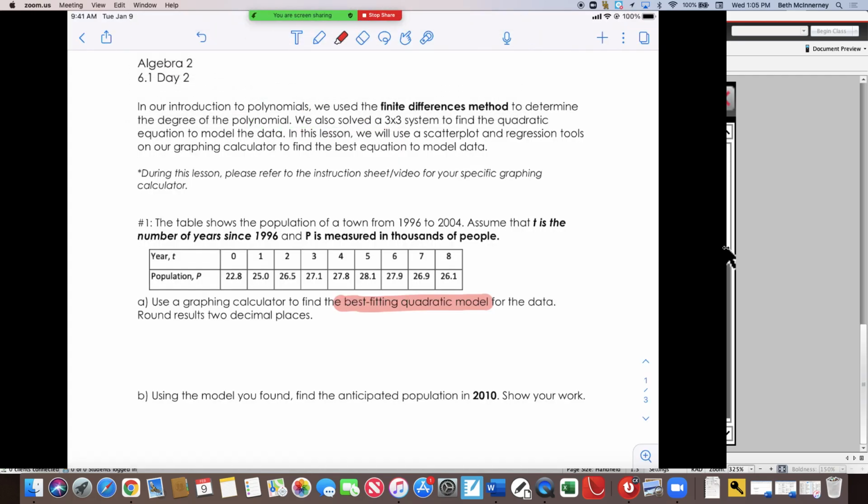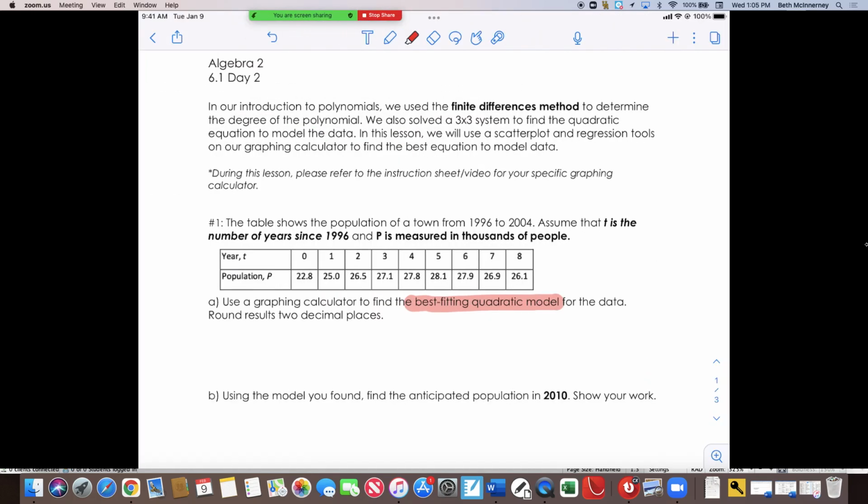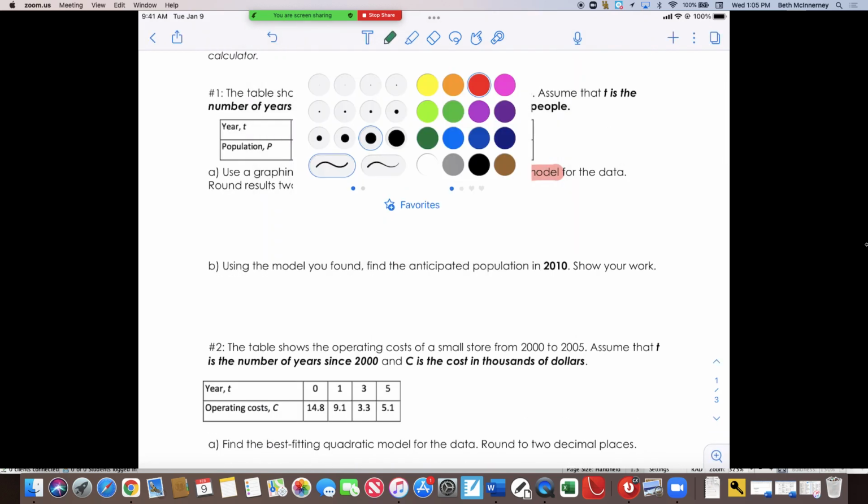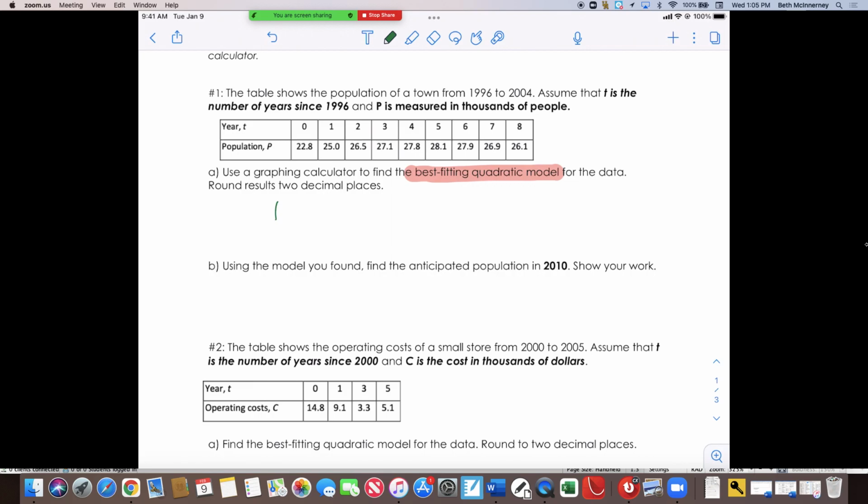So let me write in what we just determined. Here was the regression. We got negative 0.21 t squared plus 2.08 t plus 22.96. R squared was 0.99, which is excellent.